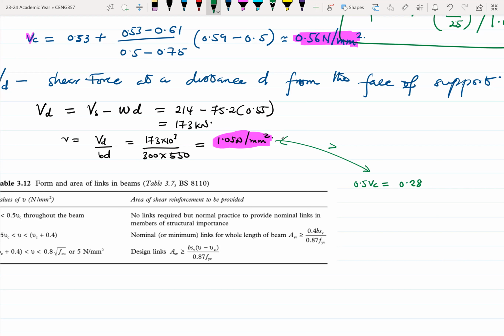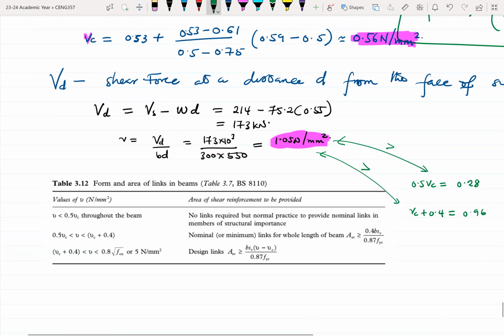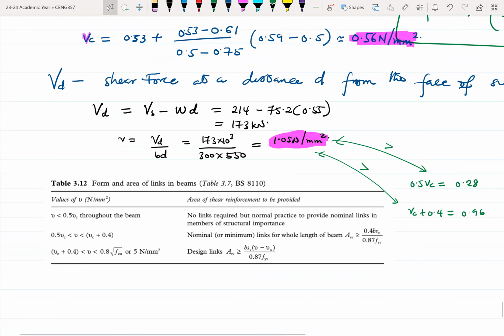Now the next thing is to look at VC plus 0.4. That will be 0.56 plus 0.4, which gives us 0.96. Again, our V is more than 0.96, which means that the only option we have to deal with is the third option.